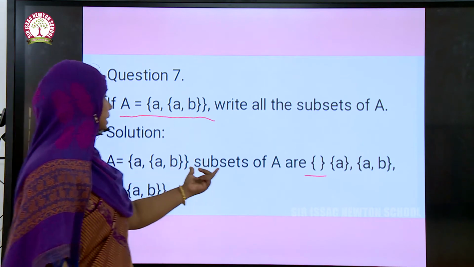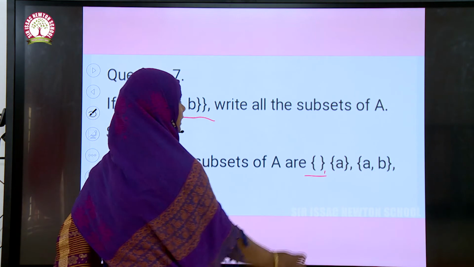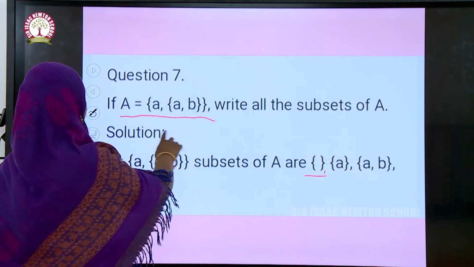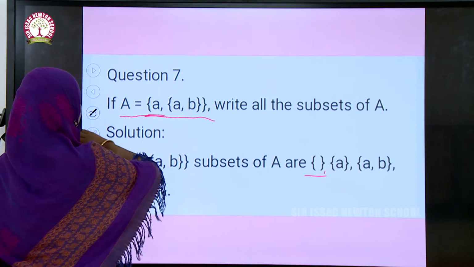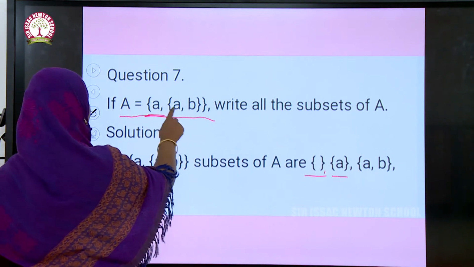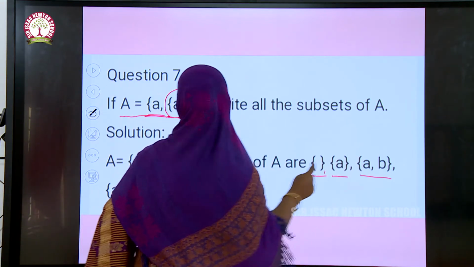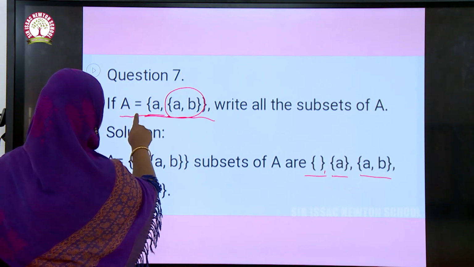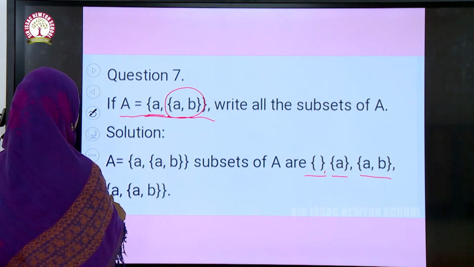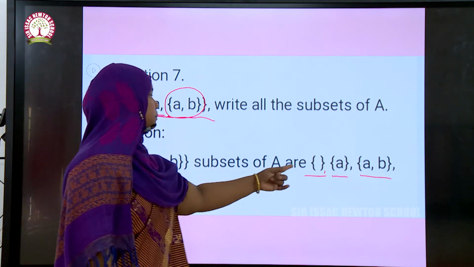When we start writing the subsets, we first write the null set. Next, a set with only one element a, then a set with only one element which is b, and next the subset which has all the elements, that is a comma b. So these are the subsets of A.